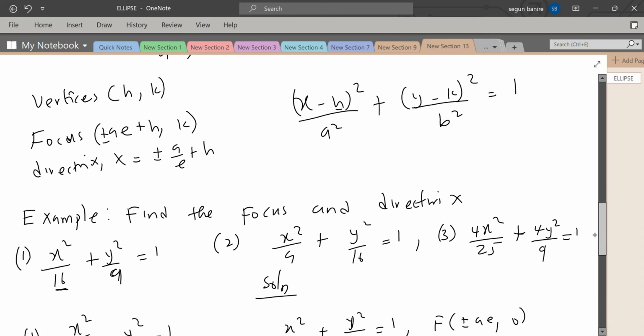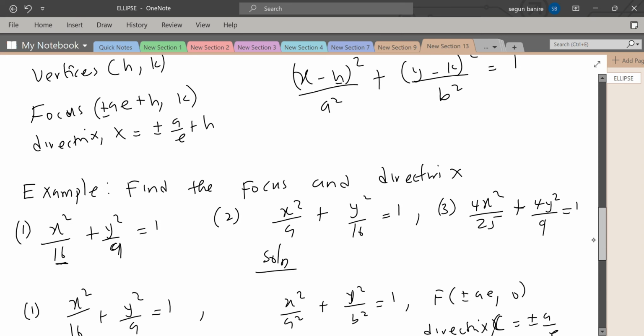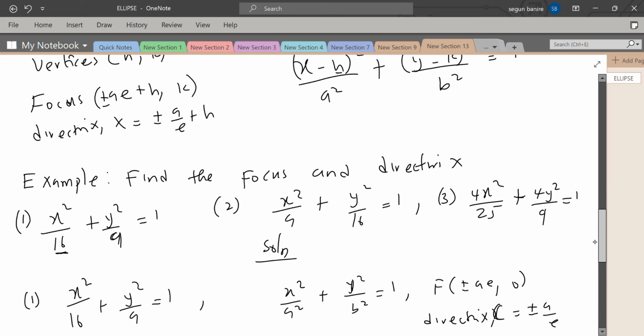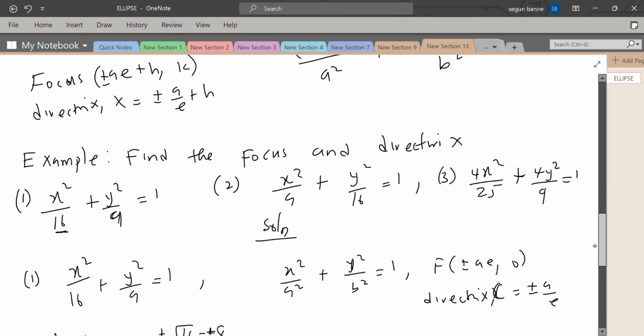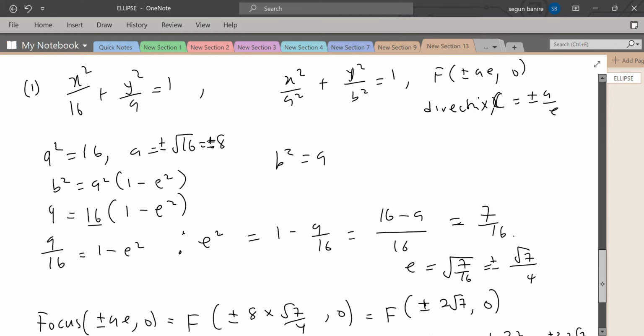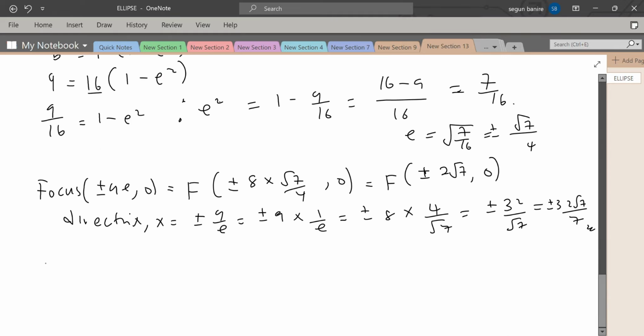So the second question is also the same, just that the 16 is now on the y-axis and the 9 is now on the x-axis. So question 2 is x squared over 9 plus y squared over 16 equals 1. So in this case, you could see that the a squared has shifted to this other side.